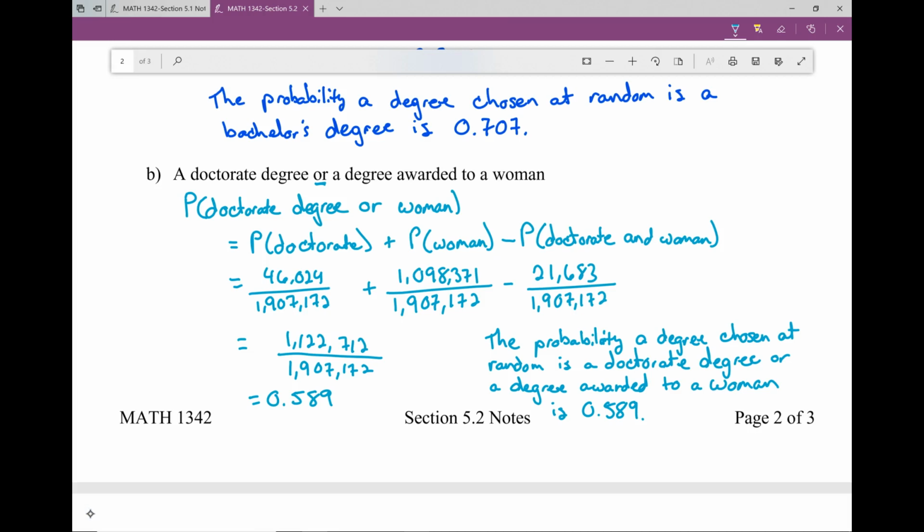The probability a degree chosen at random is a doctorate degree or a degree awarded to a woman is 0.589. Again, we are subtracting out that overlap because these 21,000 individuals were counted with the doctorate and with the woman, so we can't count them twice.